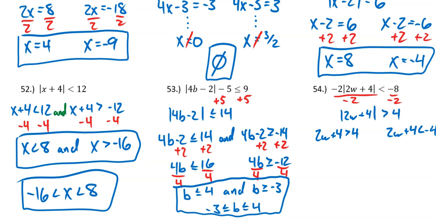And this one's going to be an or this time because I have to look at the step where the absolute value is by itself. I'm looking at this step for that determination. The absolute value is greater than, so it's an or this time. Okay? And now I solve each.